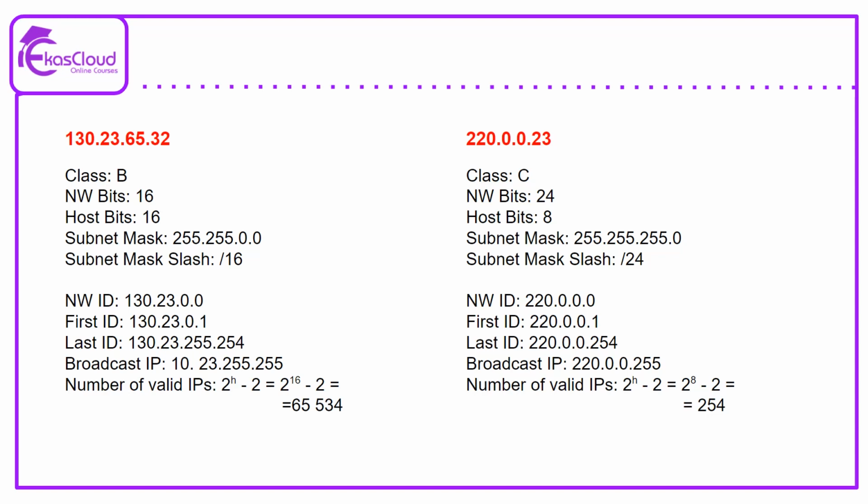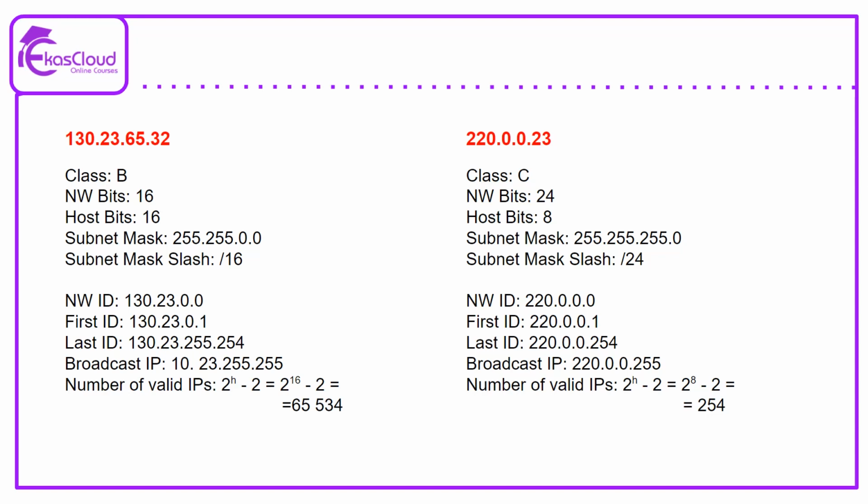The broadcast IP will have 255 in the last place. Therefore, the number of valid IP addresses is 2^16 minus 2, which is 65534, which can be used in this network.